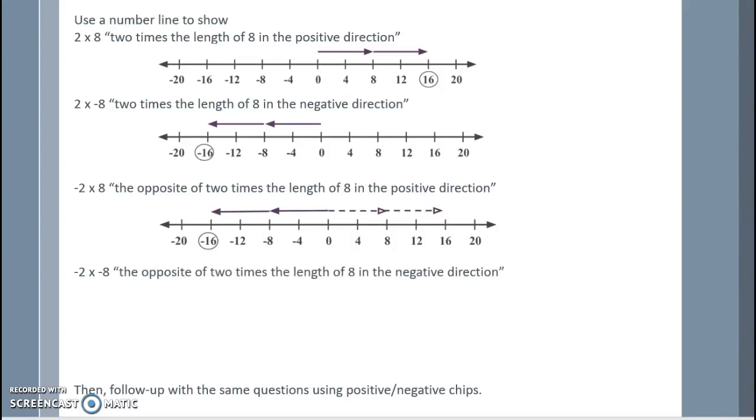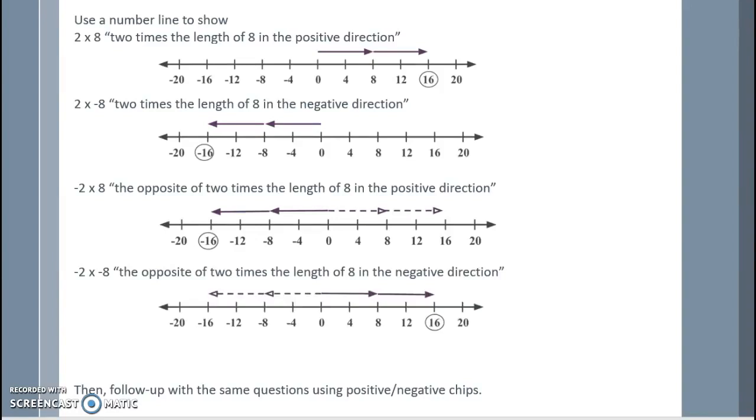Further, negative 2 times negative 8, the opposite of 2 times the length of 8 in the negative direction. So we originally think that it is 2 times the length of 8, but we want it in the opposite of the negative direction, giving us positive 16. So let's follow up with chips.